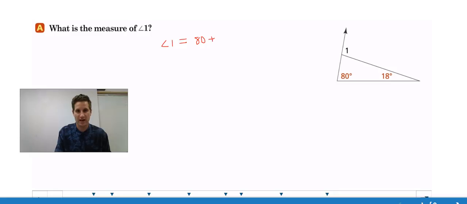So I literally just add these two up, and I will get my answer. And angle 1 is going to equal 98. Now let's think about this. This makes sense because if this is 98, this angle right here is going to be 82, right? These have to add up to 180. And then these are supplementary. That's why this works. It's kind of like the congruent supplements theorem, just shifted for a triangle. But that one, nice and easy.